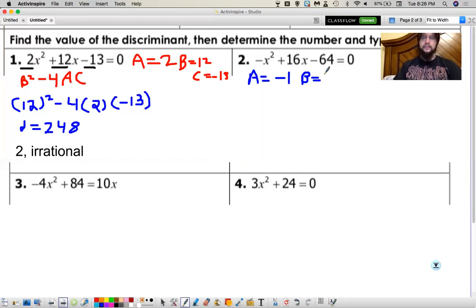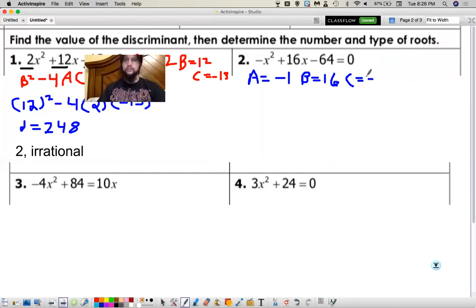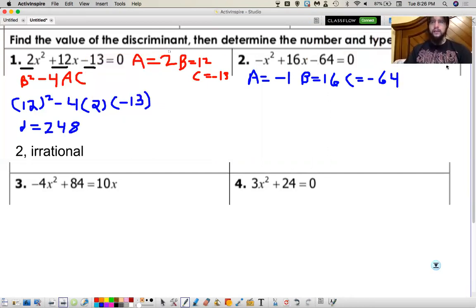B is 16, again the coefficient of x. And C is negative 64. Now, you don't have to write it down every time if you're fluent. You can just skip straight to plugging it in. But please do write down what you're plugging in, and do write it with parentheses.